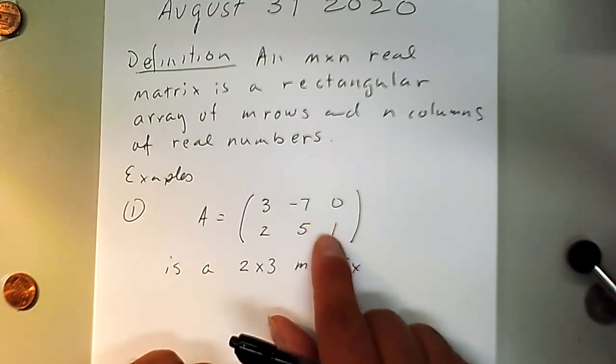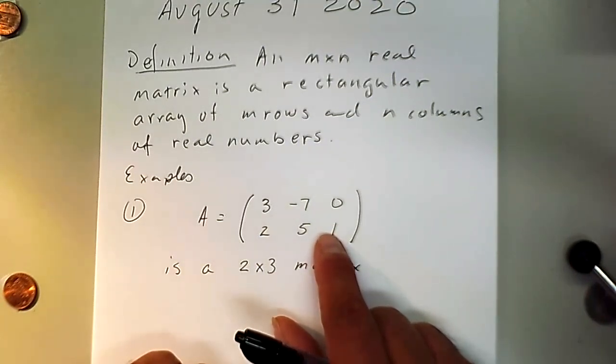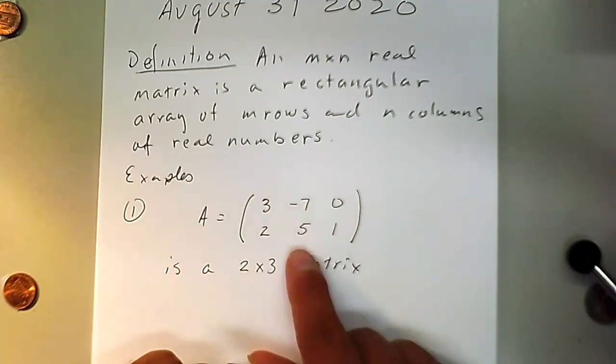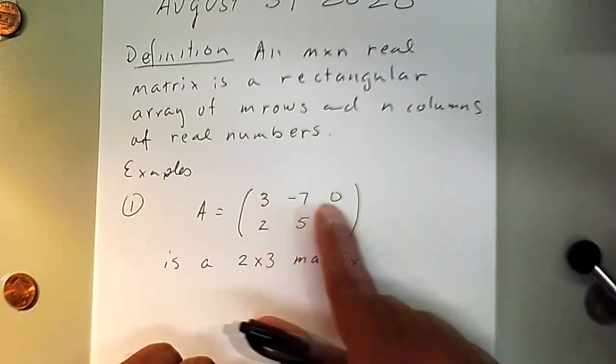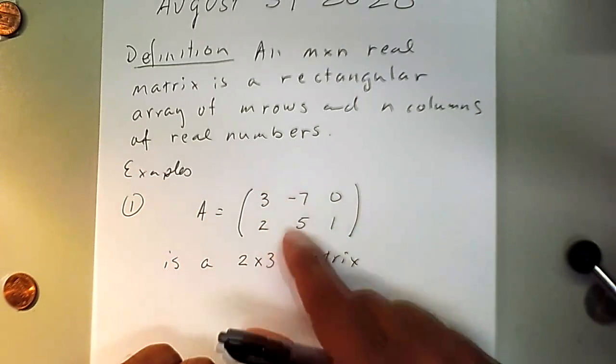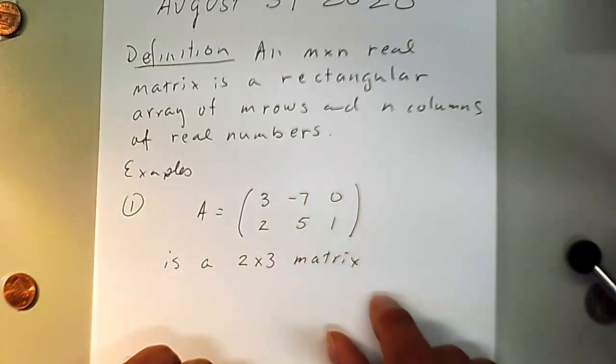If we put a variable, without knowing the value of the variable, that is okay. But we have to have a rectangular array. So all the rows have to have the same number of elements, and all the columns have to have the same number of elements.